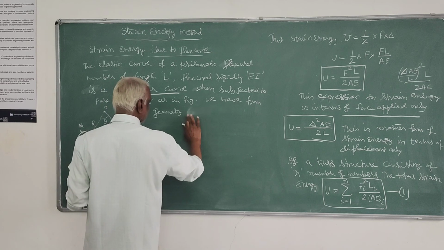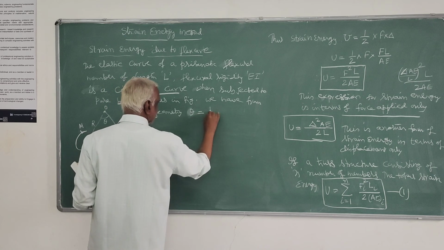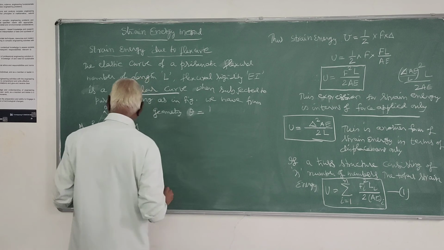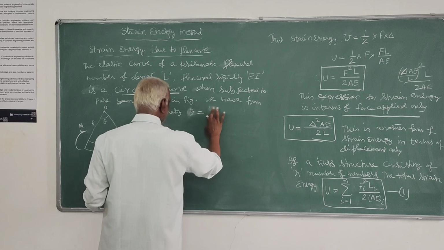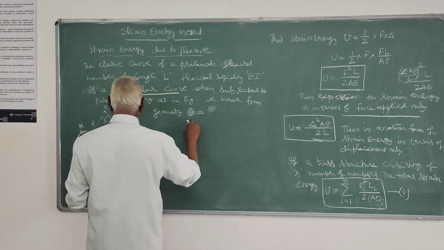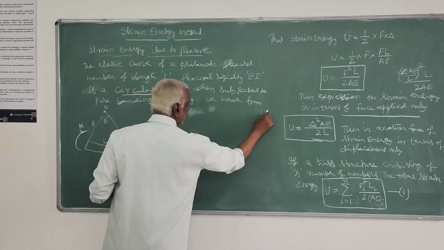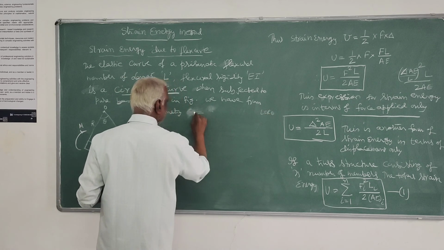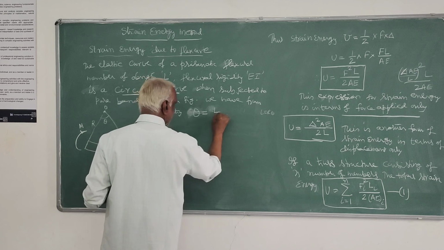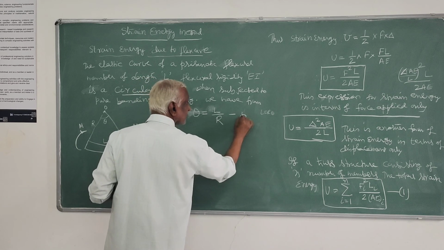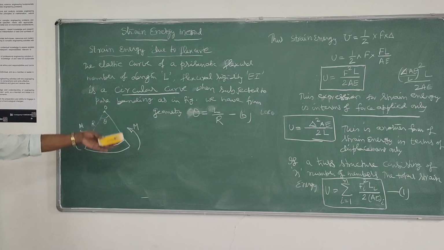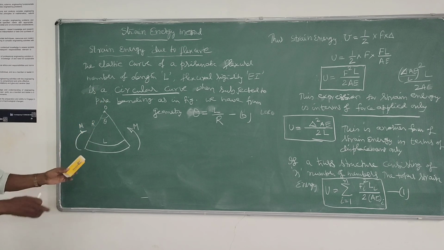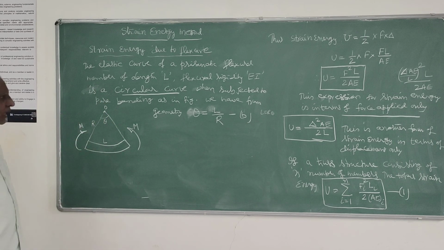So L is equal to R theta, or theta is equal to L by R. This we call as equation B. Here I took the deformation delta as FL by A. Here the deformation is rotation on account of pure bending, that is given by L by R.